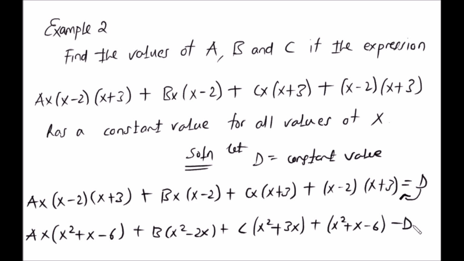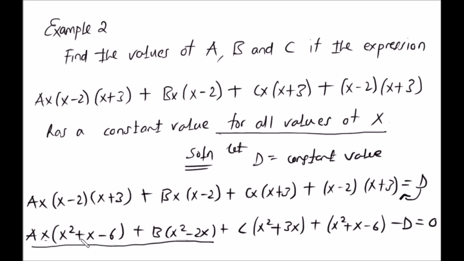So itakuwa minus d sasa na 0. So we said now if a polynomial function is equal to 0 for all values of x, then coefficient zake pia zote zinakuwa sasa na nini? Na 0. Let me write this expression again.